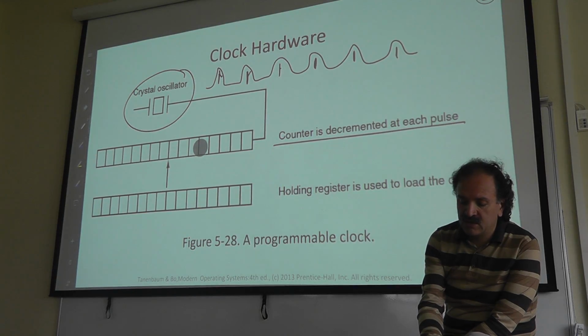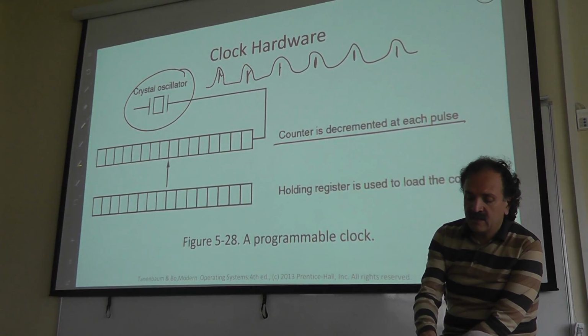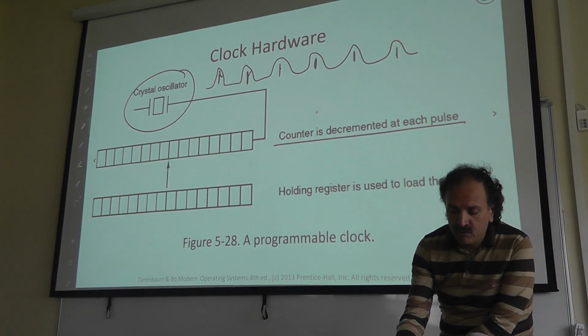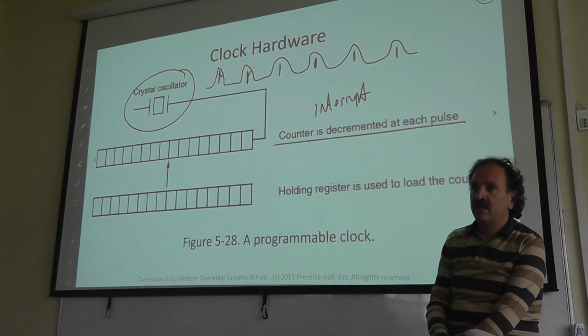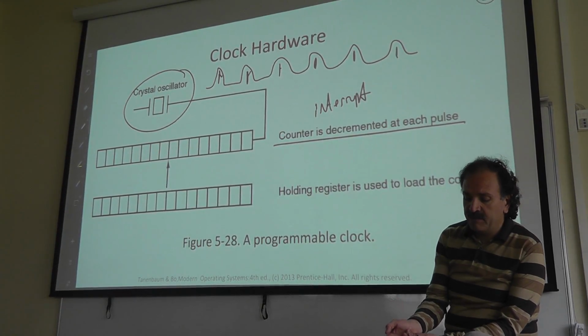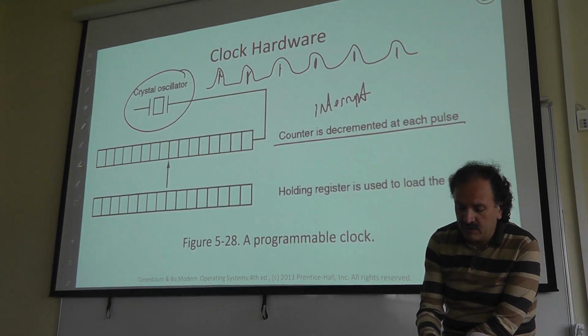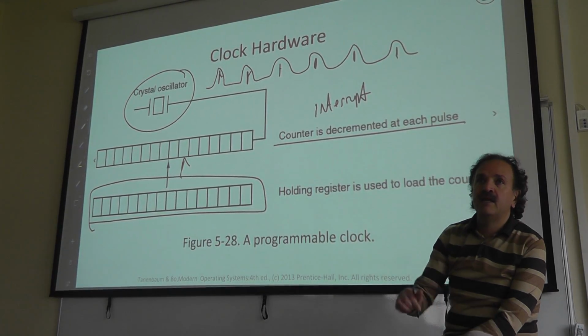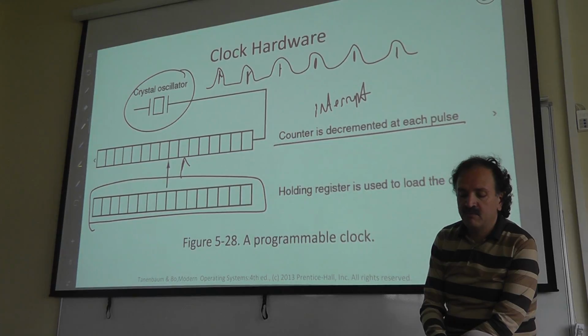This is called the counter. When this counter reaches 0, it produces an interrupt. It says okay, I am done counting, and it produces an interrupt. Then you copy the contents of this counter into this holder again, and the whole process starts from the beginning.